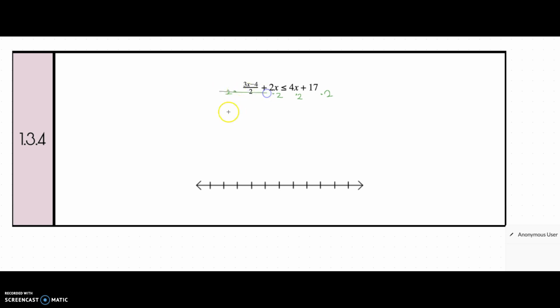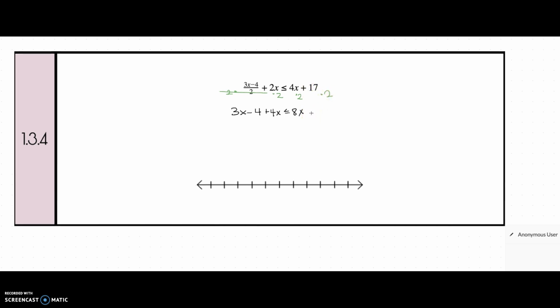So these 2's are going to cancel, and I'm left with just the stuff on top. So 3x minus 4. 2 times 2 is 4, so I have plus 4x. 4 times 2 is 8. And then 17 times 2 is 34.